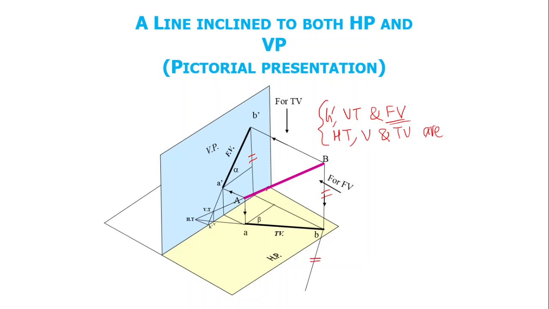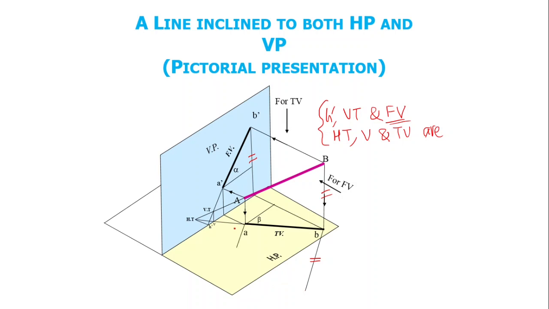We can represent the distance in VP in HP. Distance in VP means this distance, and we can represent that distance in HP. Then we can represent the true length in HP like this.